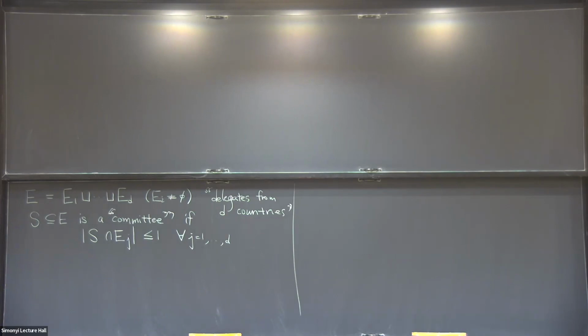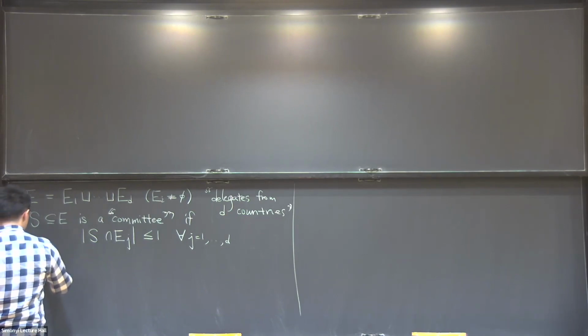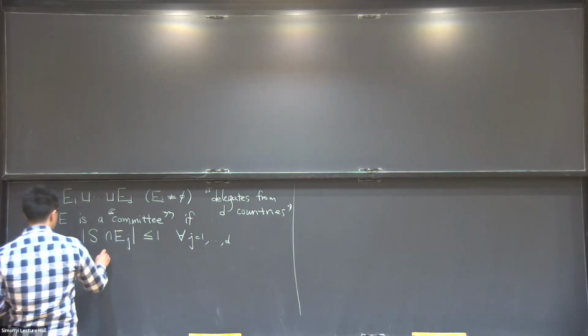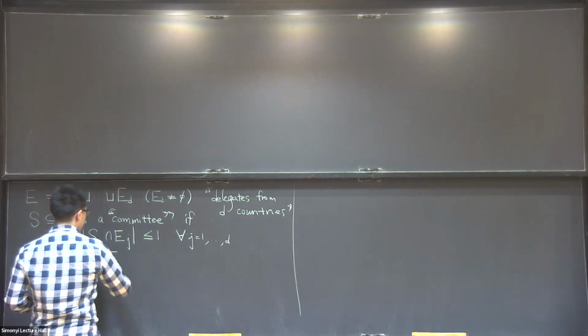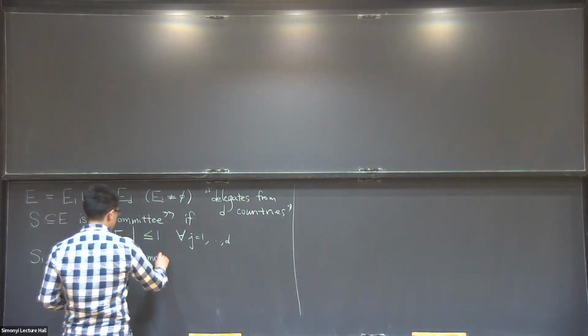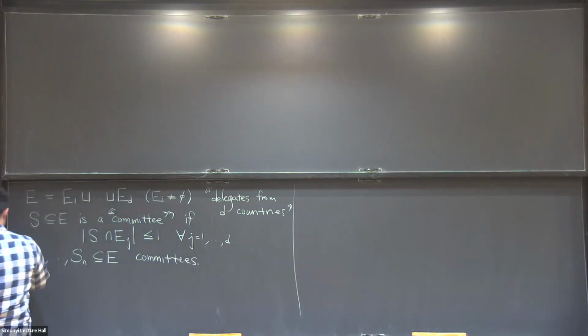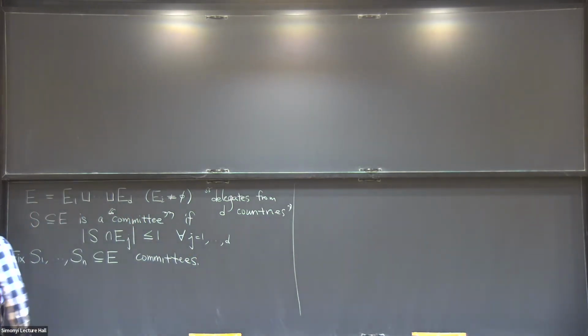Okay? Not necessarily exactly once, but at most once. Is there a fair way to make various committees? I don't know, but let's just call it that. And let's say I have some n-tuple of them. So I have n many committees. Let's fix S1 through Sn.